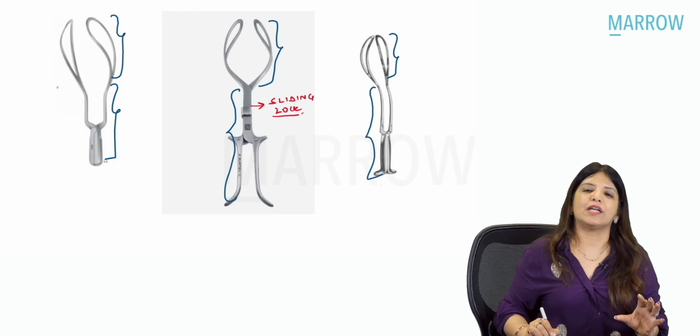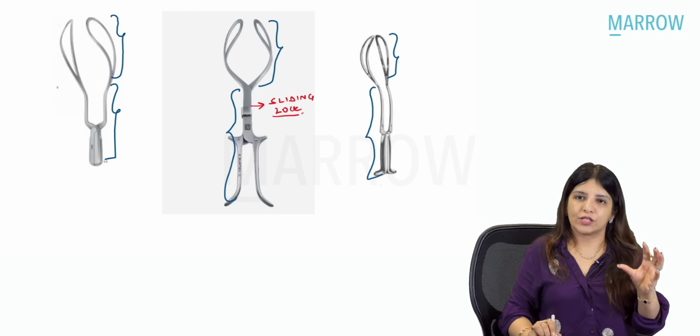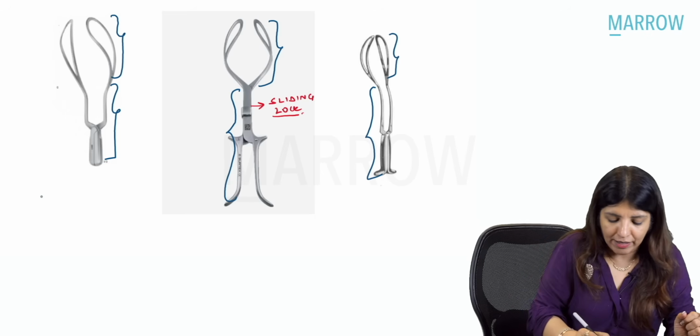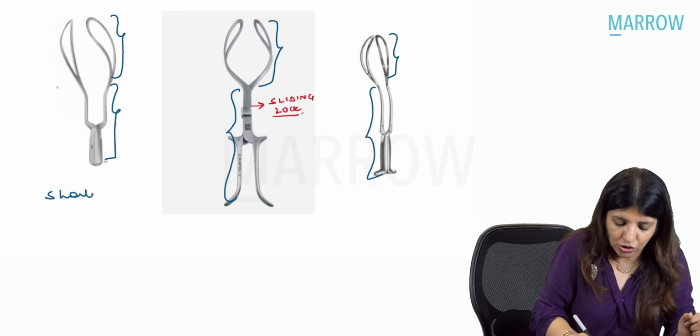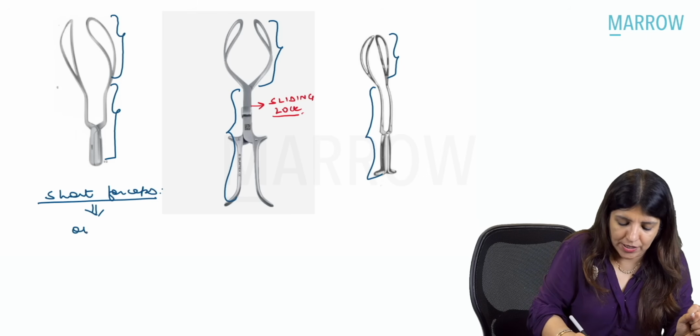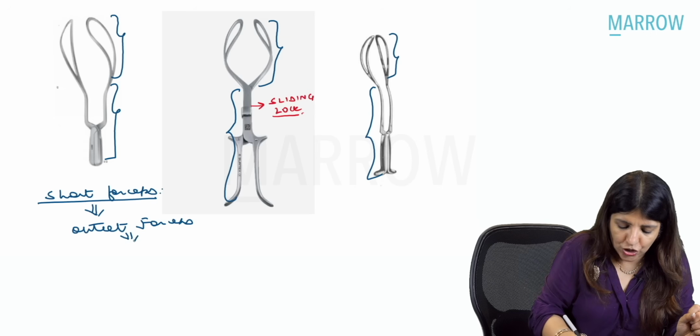Now, if you see that the blade of the forceps is almost equal to the shaft and the handle, that means it is a short forceps. Right? And the only short forceps is outlet forceps, which is Wrigley's forceps.